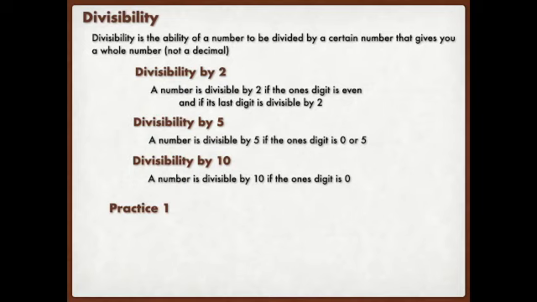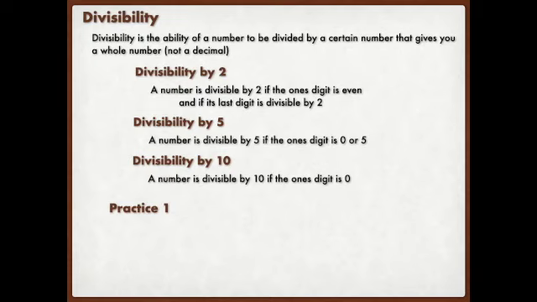Divisibility by 2. This is going to be focusing on a certain rule that we want to follow. Maybe you want to make index cards for these divisibility rules. This will help you remember the basic gist or definition or rule for each of the divisibilities.